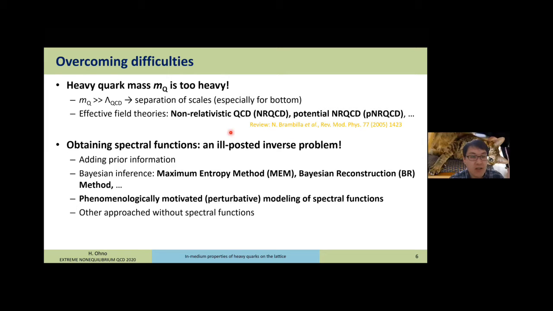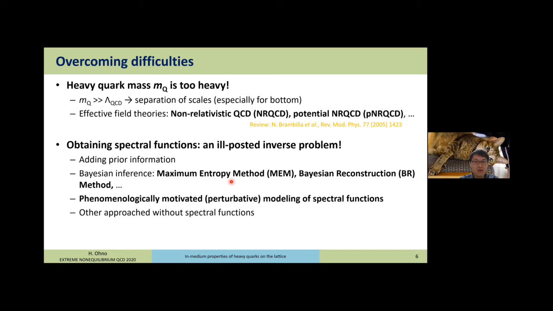Also, one can apply other techniques to extract the spectral function, which are basically based on Bayesian inference. In this kind of method, one can add some knowledge which you already have about the spectral function.